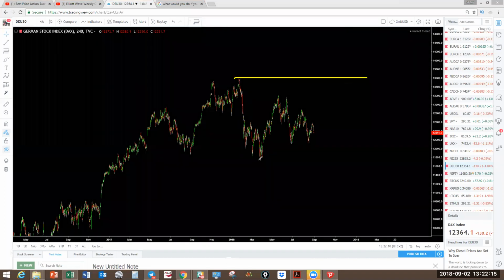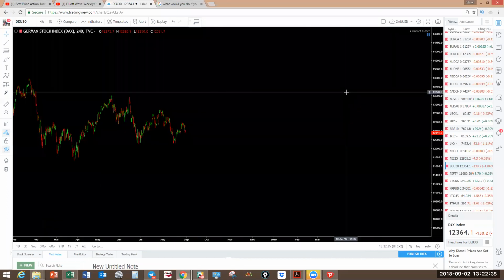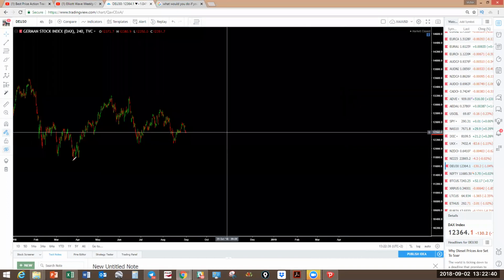So now it has made a 1, 2, 3 wave move to the downside. It made a passing move, and we expect this to be a corrective structure. Should come back lower. So that is why you can expect more correction, more downside, before we come back to retest that level. Okay, so the DAX still looking weak in the next coming sessions, and you'll be looking for this to come back to that level.